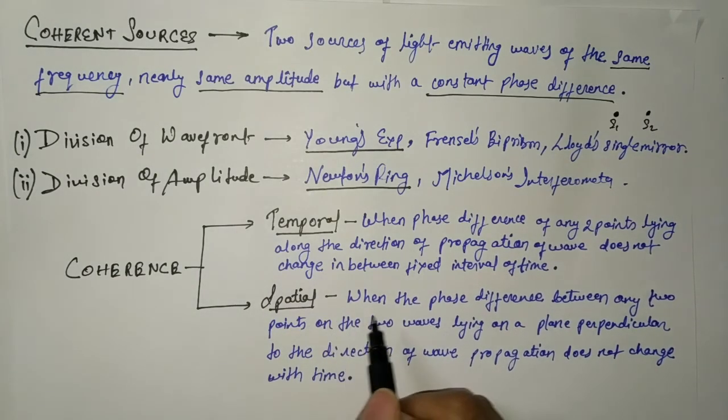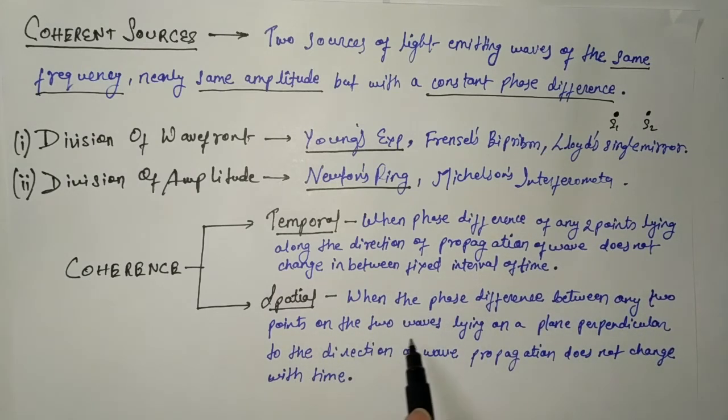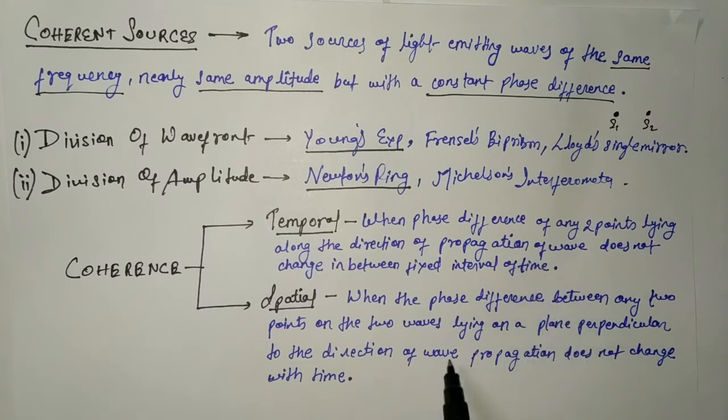Similarly, in spatial coherence, when the phase difference between any 2 points on the two waves lying on the plane perpendicular to the direction of wave propagation, so here is the difference, you can see it is perpendicular here in spatial coherence, does not change with time, then it is the case of spatial coherence.